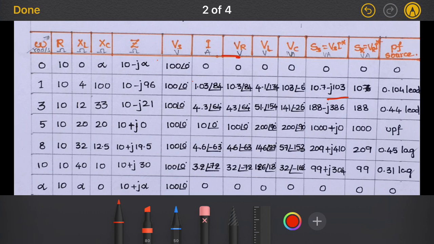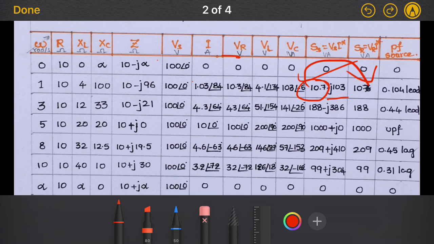Here, whatever active power is supplied by the supply, the same amount of active power is absorbed by the resistor. The reason is, among these three elements R, L, C, the resistor is the only element which consumes active power.